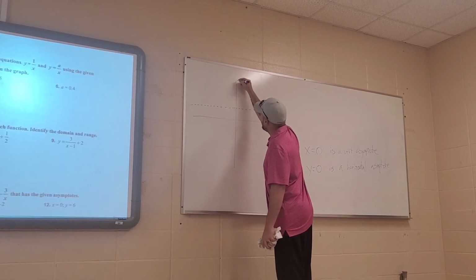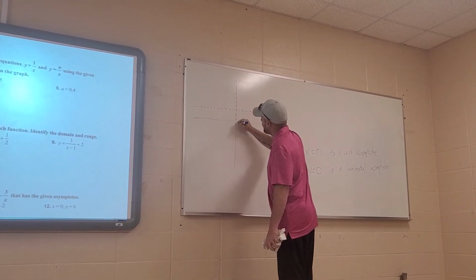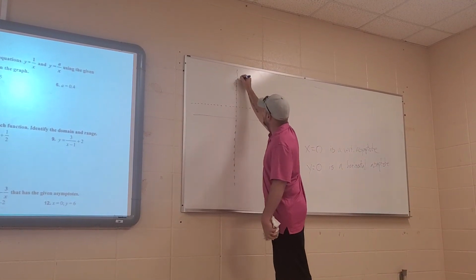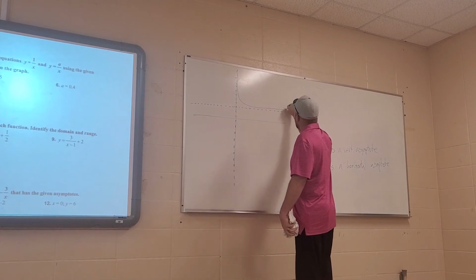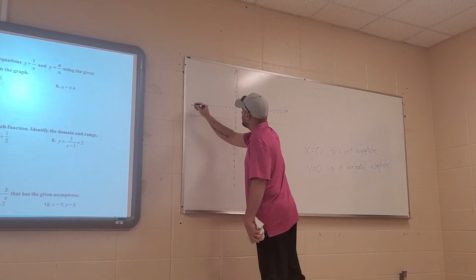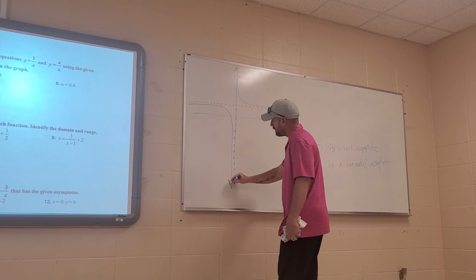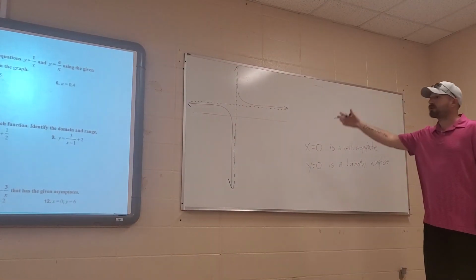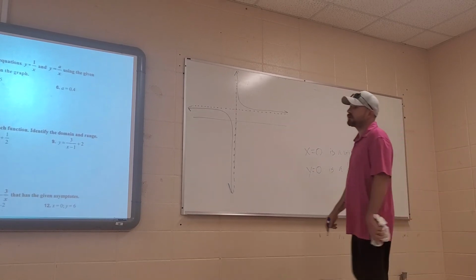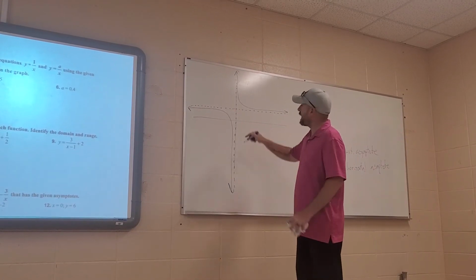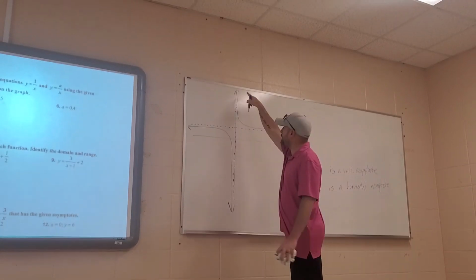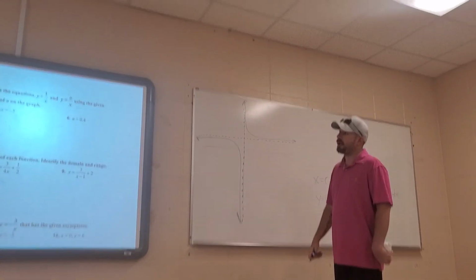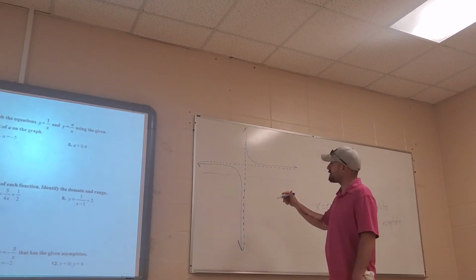And then right here on the y-axis, there's a vertical asymptote. And it looks like this. Okay? So that's all you got to do is draw the graph. Okay? The asymptotes, just use dotted lines for the asymptotes. Okay? And then finally, just domain and range.